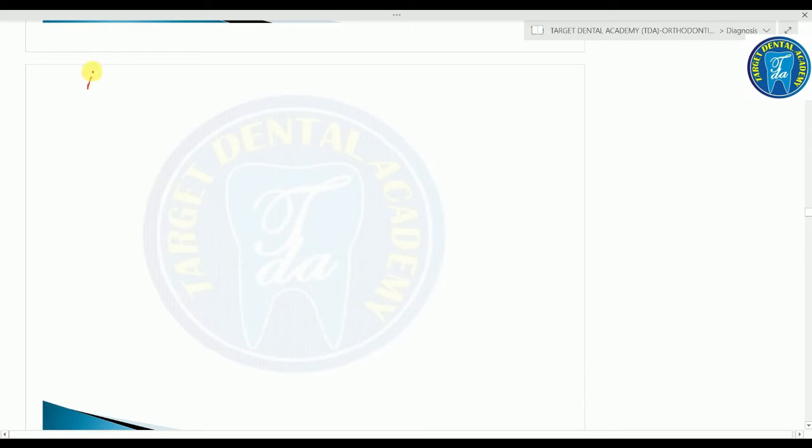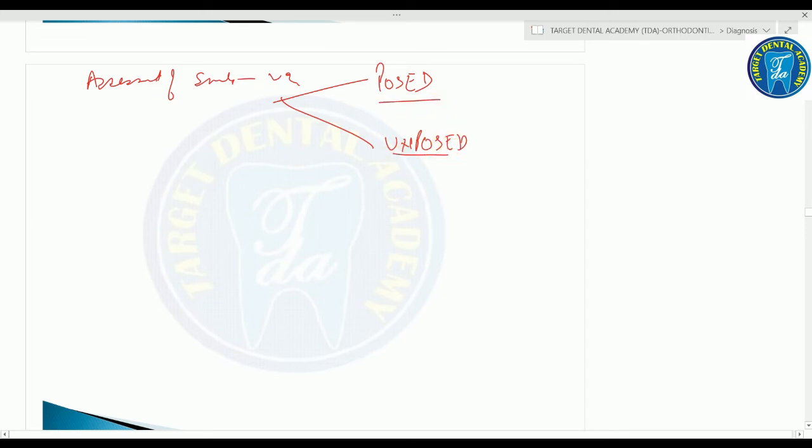So next is the assessment of smile. Very important, commonly asked MCQ. In this we have two types of smile: the posed smile and the unposed smile. What is the difference between the two? The posed smile is the smile when we click any passport size photograph.